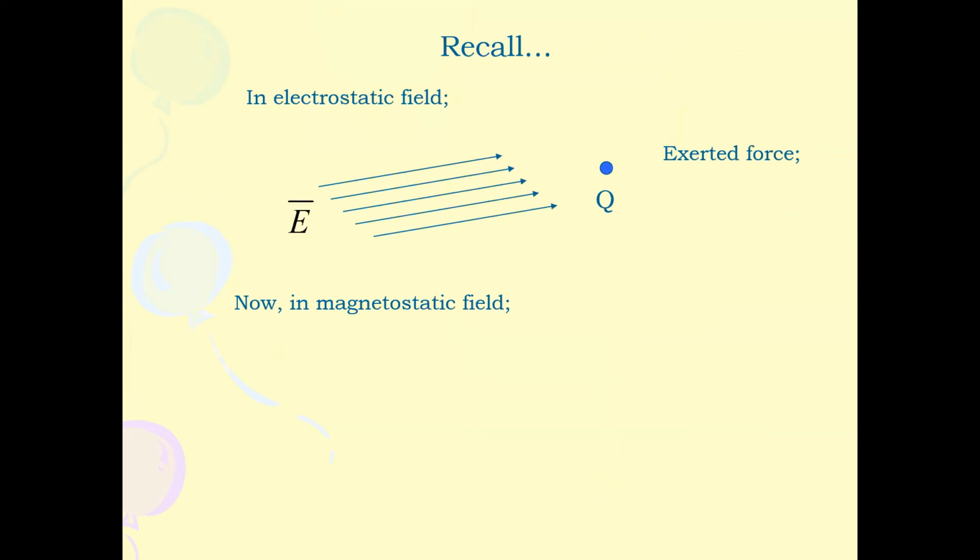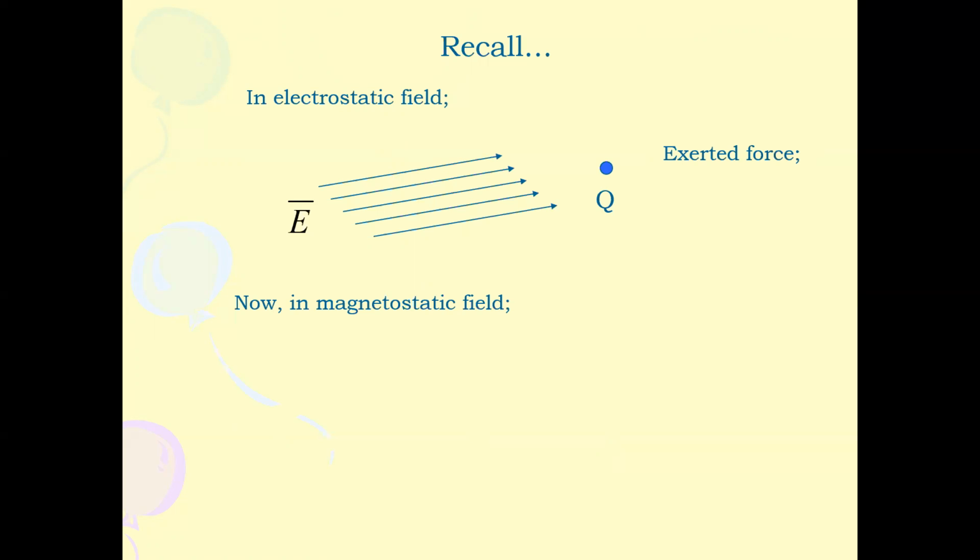Okay, so let's have a review of the force that we have learned previously in chapter 4, which is on potential. In the potential chapter, we learned about the force.